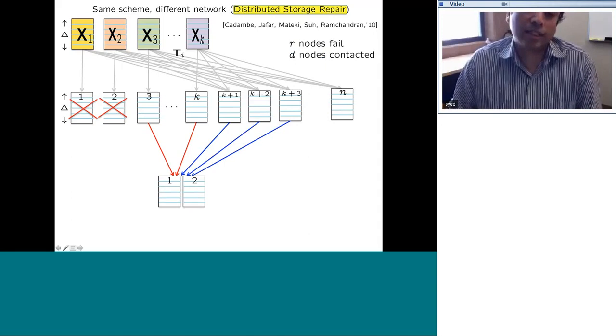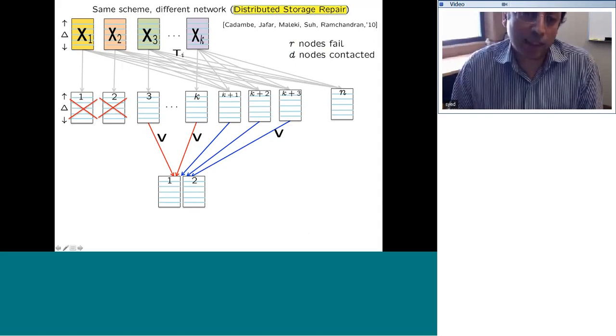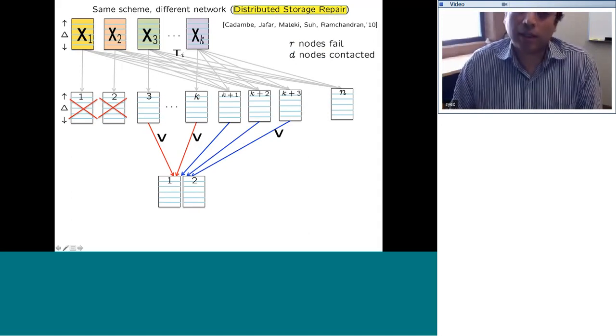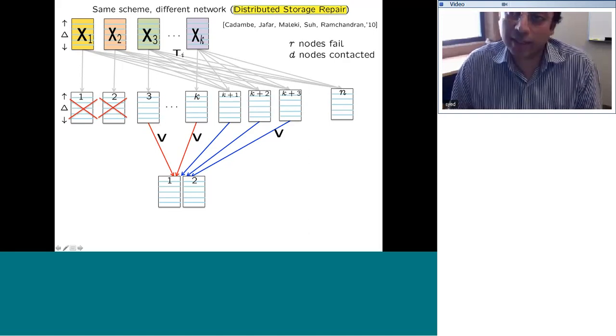And it turns out this is exactly the same, even though it doesn't look like it from the description I made of it right now. This is the same problem as the K-user interference channel. So you can think of these linear combinations as being the channels, as we have in the wireless network. So the storage code is the channel. What you download are the beamforming vectors. And what you're trying to do is you're interested only in the information that was lost. That's the desired information.